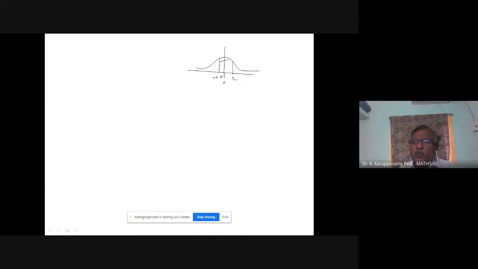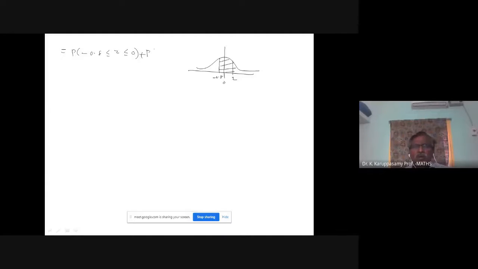Actually, we need this portion. This area is your probability. First, you split the probability into two: probability of minus 0.8 up to 0, then 0 to 2. This portion plus this portion. The first one, minus 0.8 to 0, is same as 0 to 0.8. No change in second term.